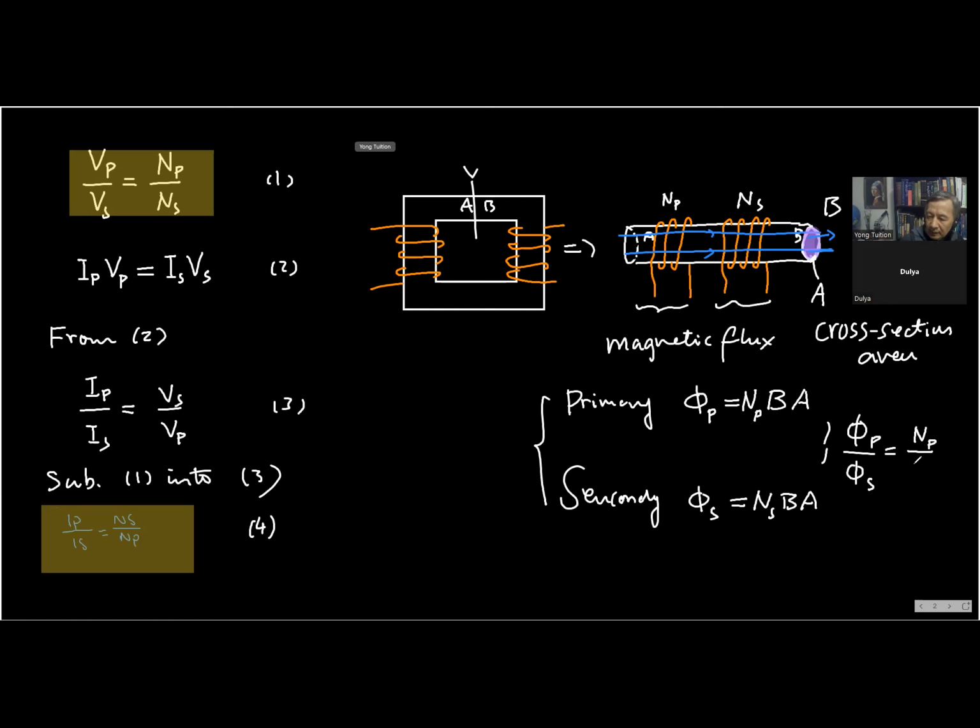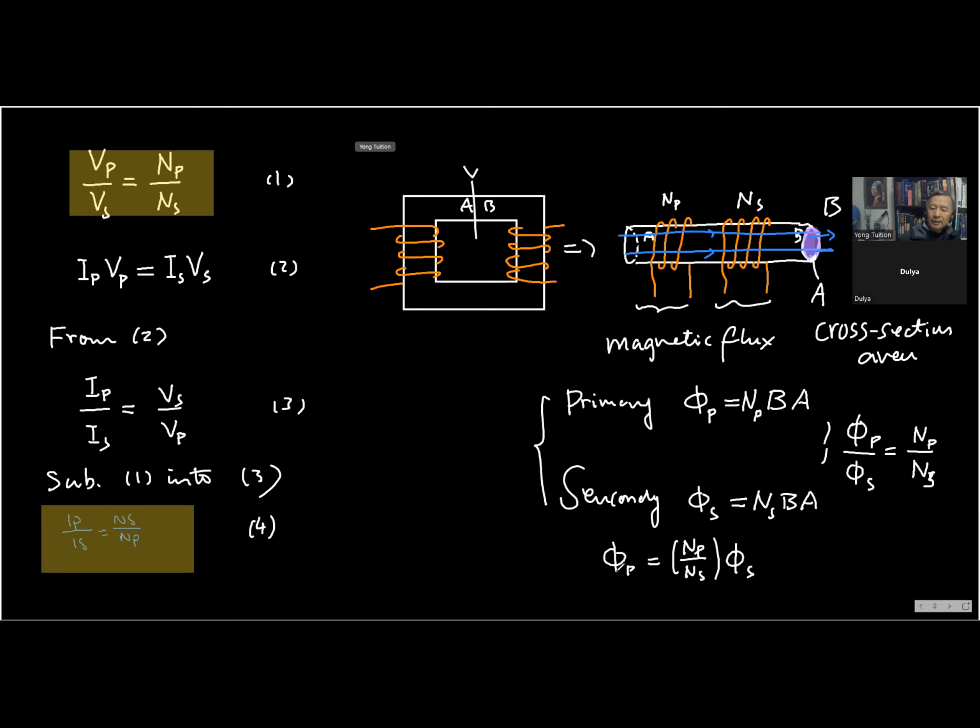That is how to prove that formula. Can we rewrite this formula? So basically, phi primary will equal this ratio, NP divided by NS, multiplied by phi S.